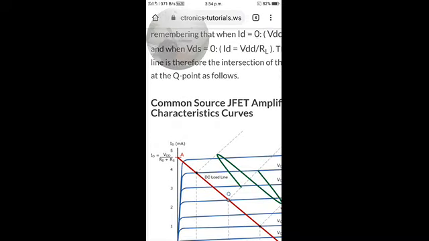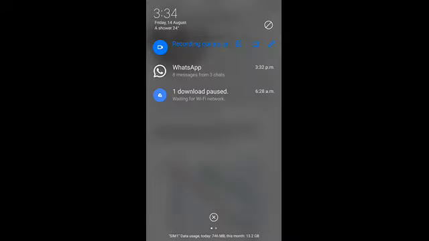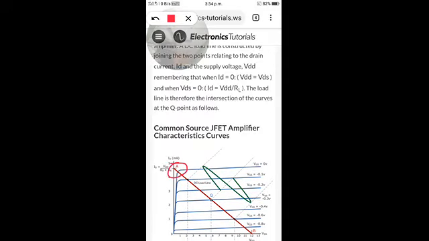So we have a point on the y-axis, represented by the point A on the graph. Therefore the load line is the line passing through the points A and B. The operating point is the intersection of the output characteristics with this load line.